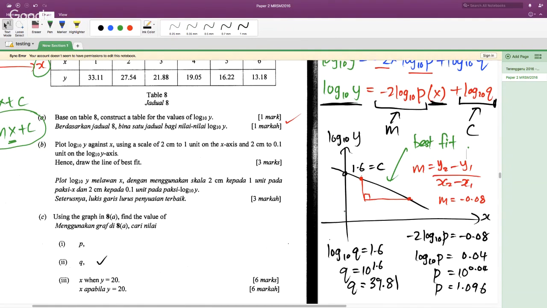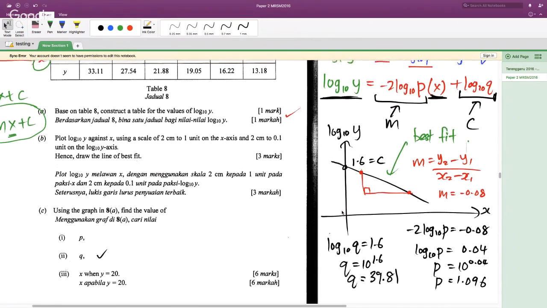Okay, so then the question says what is the value of x when y is 20? If you straight away find the 20 on the y-axis, you have got it wrong, because this is not y-axis, this is log 10y. So when y equals 20, you have to do log 10 of 20 first. And then the calculator will tell you log 10 of 20 equals 1.301.